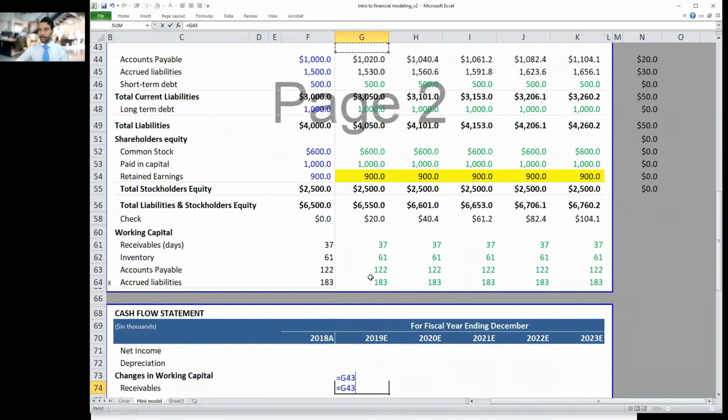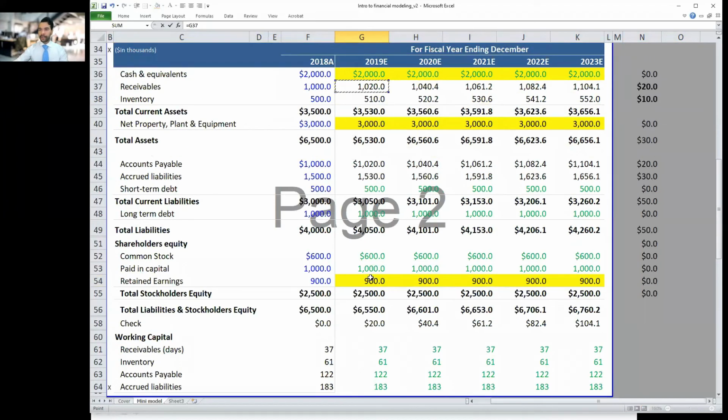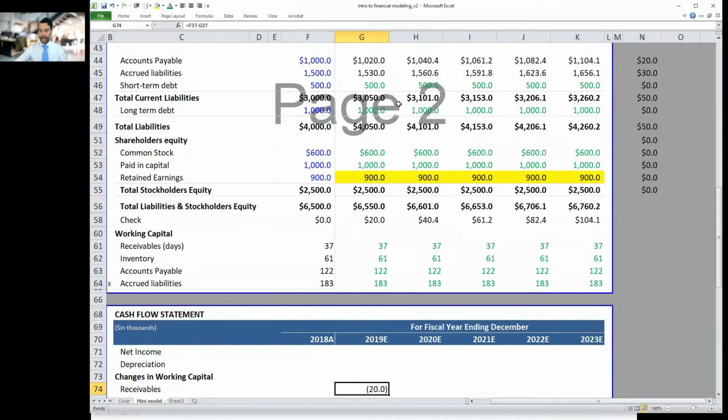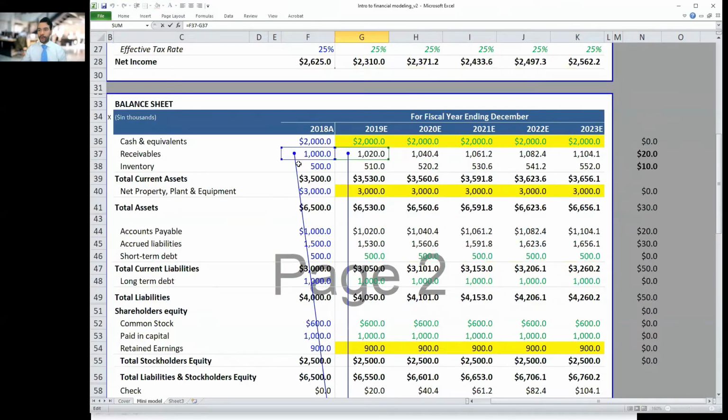For accounts receivable, the formula will be, we're going to take the previous year, 2018, minus the current year, 2019. Notice we have a minus 20. There's a reason for that. Let me explain. When your accounts receivable increases from one year to the next, it means that your receivable increased by 20 in this particular case. That means that a customer bought one of your products, but decided to pay you at a later date.